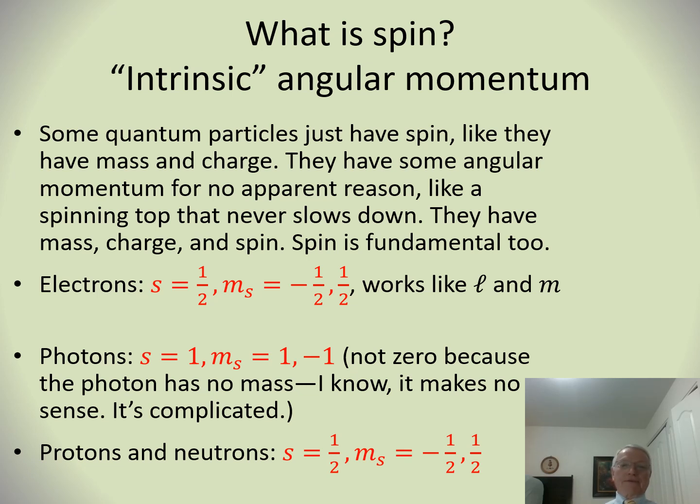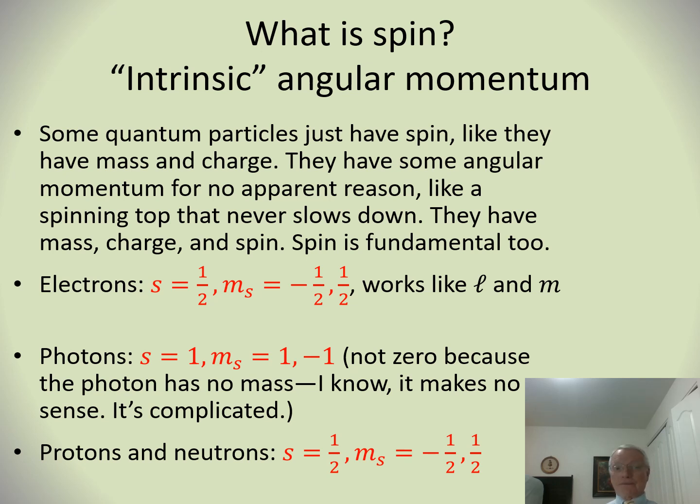And that's what kind of a thing an electron is. It's a half integer spin particle. Photons are spin 1 particles. And so you'd think they would have an M of -1, 0, and 1, but for complicated reasons, which I don't even understand and we're not going to talk about, you can't have an M equals 0 photon because it doesn't have any mass.